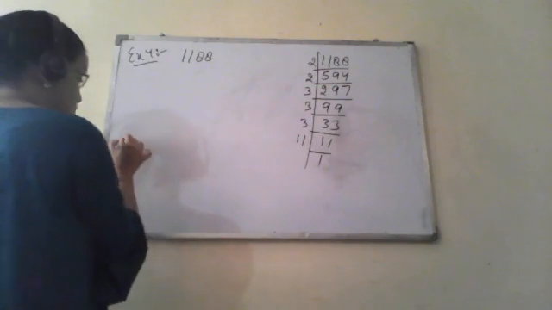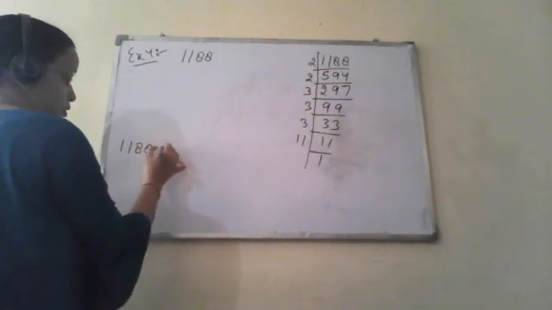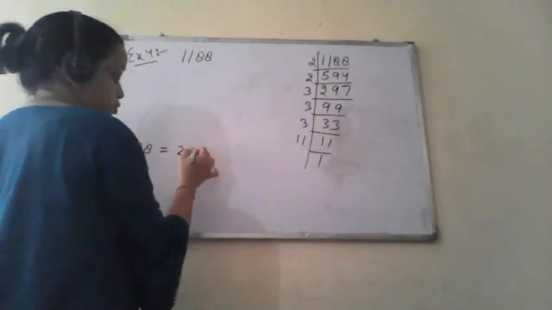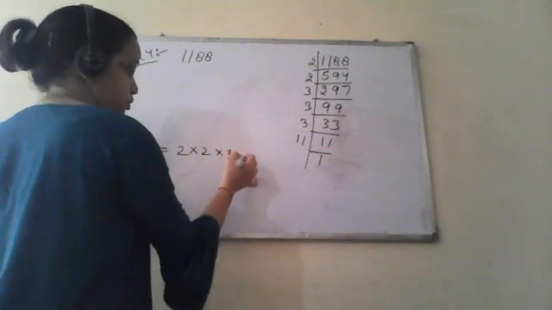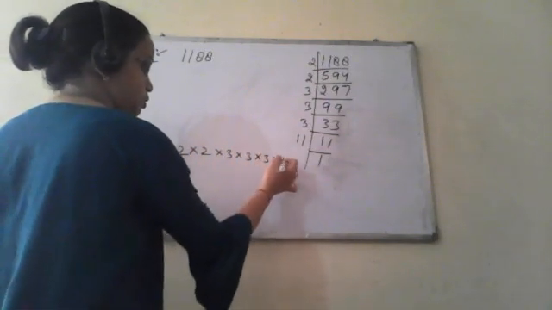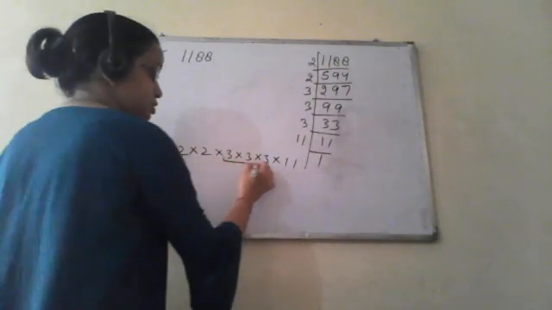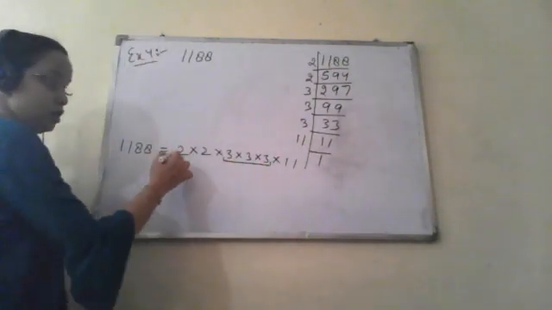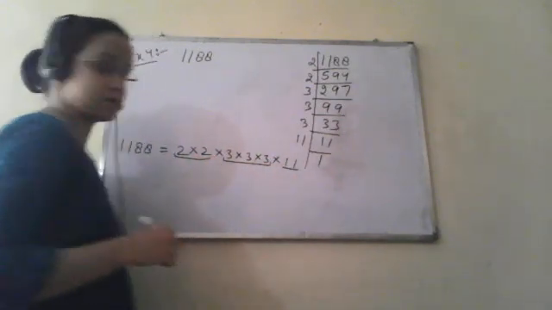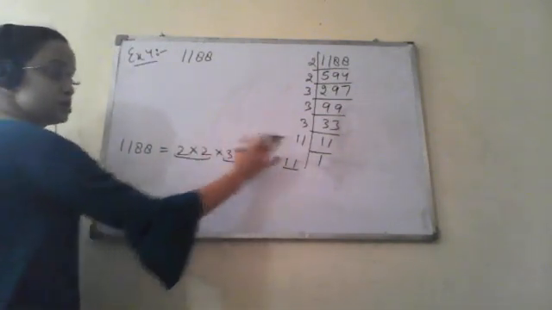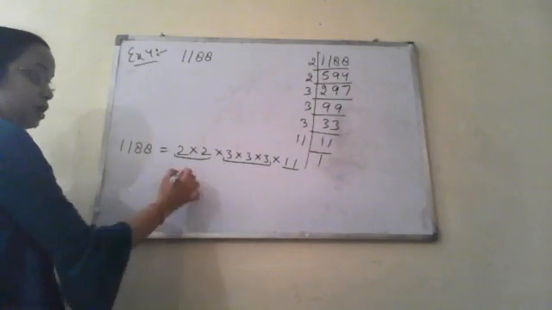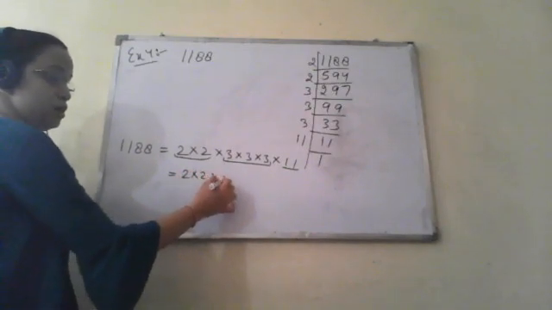Okay, so this 1188 can be expressed as 2 into 2 into 3 into 3 into 3 into 11. So which triplet is complete? Only this triplet of 3 is complete. So this 2 into 2 and this 11 is extra. So we need to remove this number. So this number should be divided by 2 into 2 into 11.